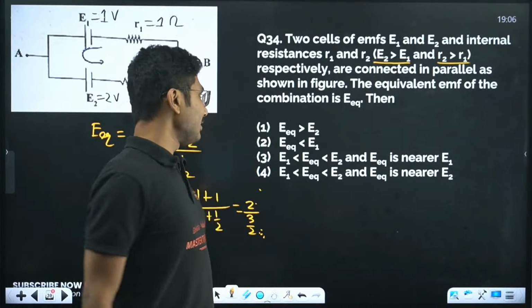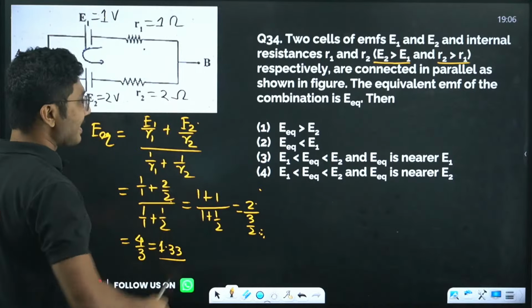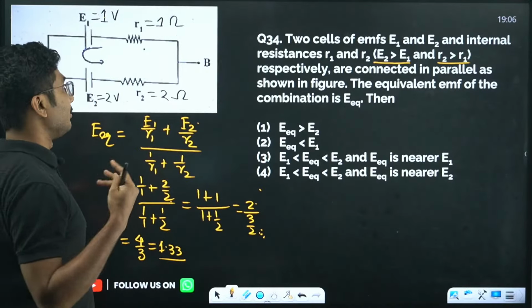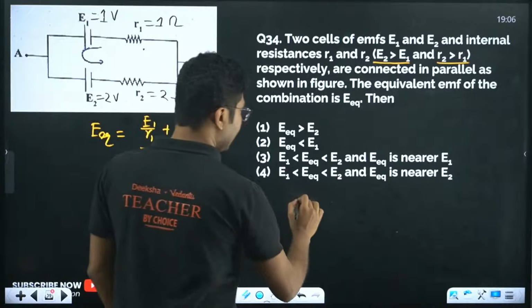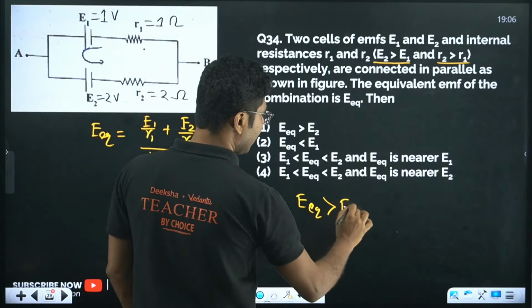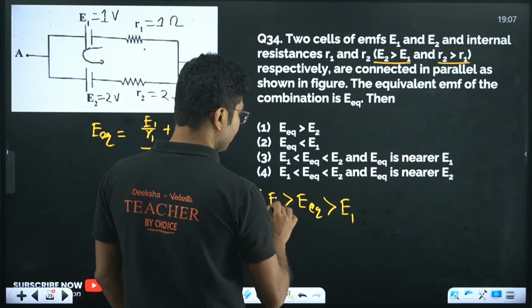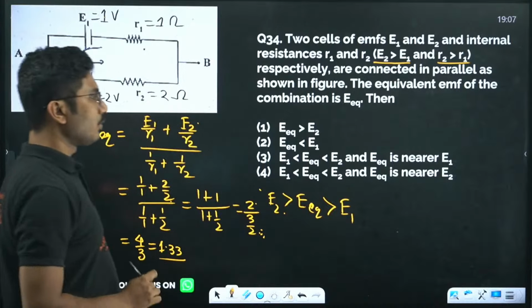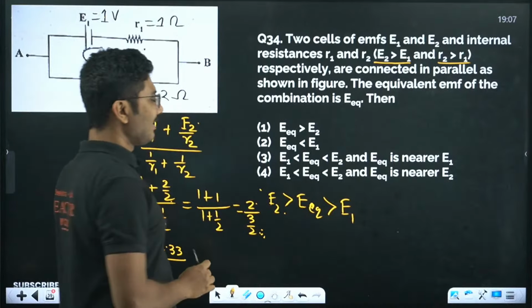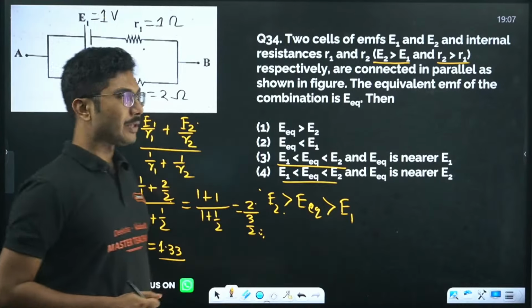Now 1.33 means what? E equivalent is greater than E1, but it is less than that of E2, right? So either this is correct or this is correct, one of them is correct.